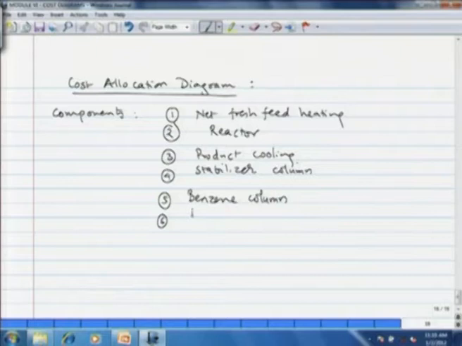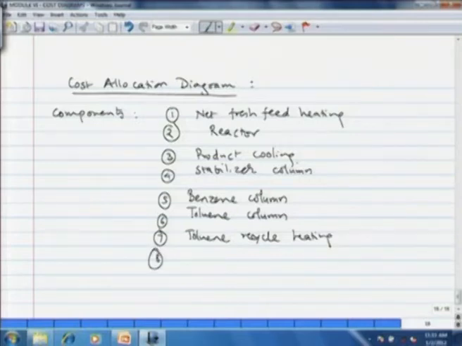Then the toluene column. Seven, the toluene recycle heating. And finally, the two components that are associated with the gas recycle stream.